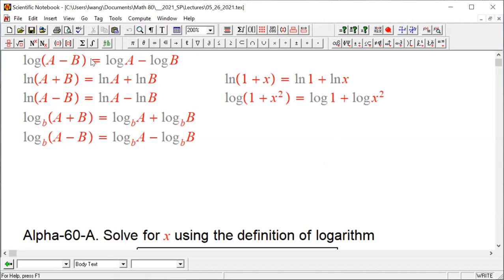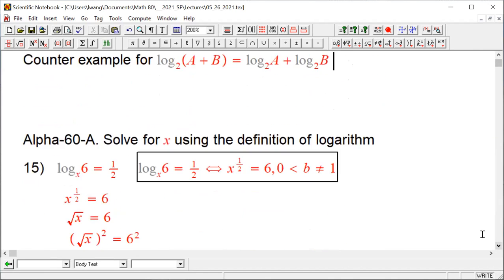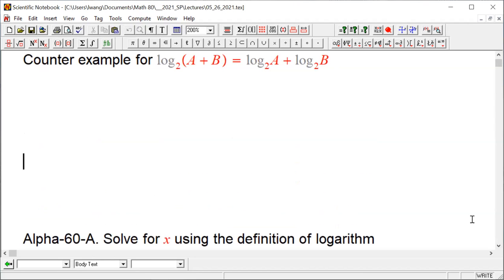If this counterexample counters this case, it counters all.